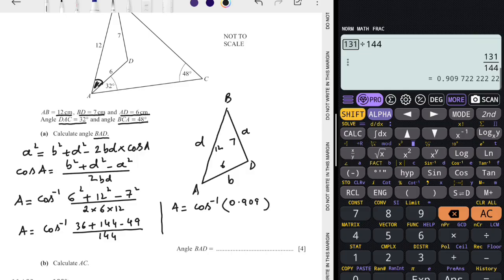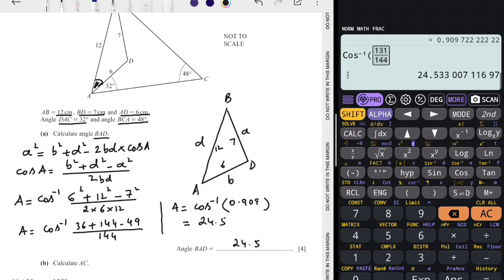Now we have to find out the shift of cos. Shift cos answer, so this is 24.5. So 24.5 is the final answer.